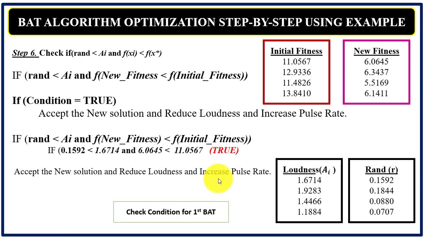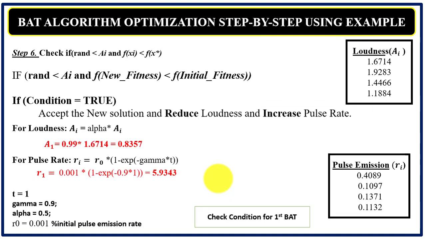As the bat moves closer to the target, pulse rate will increase and loudness, that is the sound waves, will reduce. Using this equation, we can update the loudness and pulse rate.